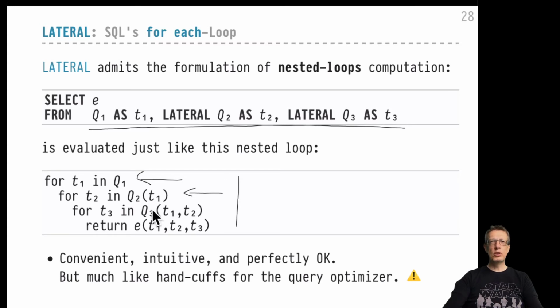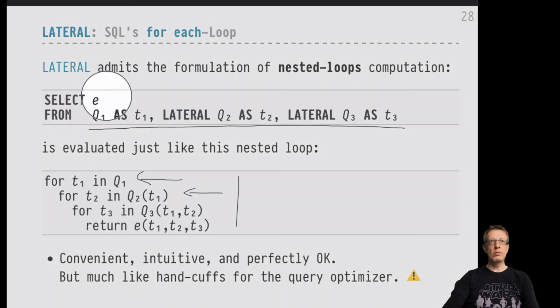If Q3 is a subquery, indeed T1 and T2 could be occurring in this subquery as row variables. We could refer to these. We would find rows emitted by Q3 and would then finally iterate over these rows and bind them to T3. Okay. Now all 3 row variables are bound, and they would be usable in the select clause, E here.